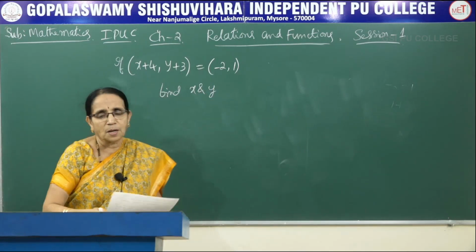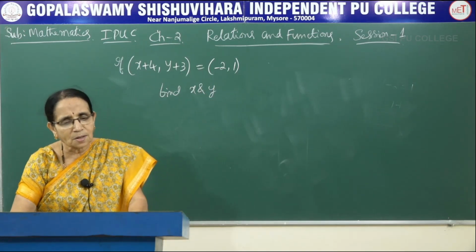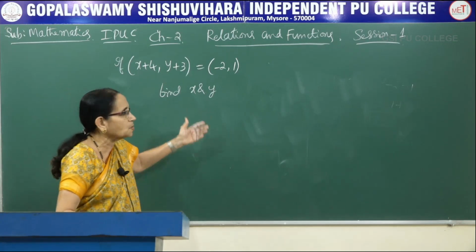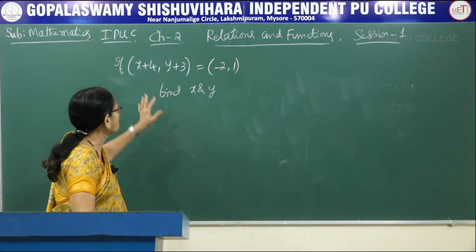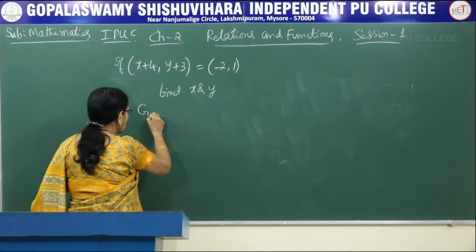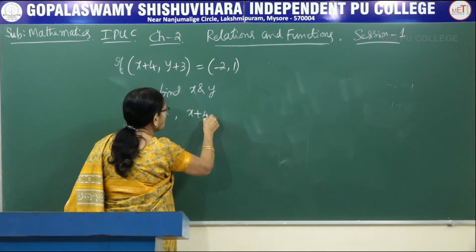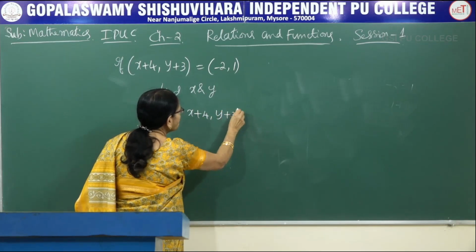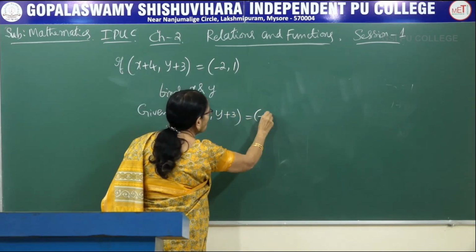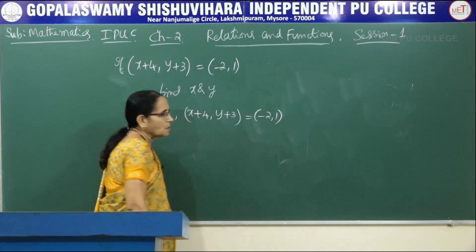That is the same type of problem as we did just now. Now start with the data that is given: x plus 4 comma y plus 3 is equal to minus 2 comma 1.